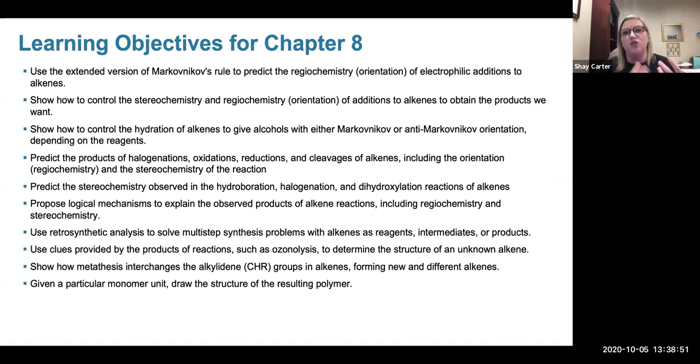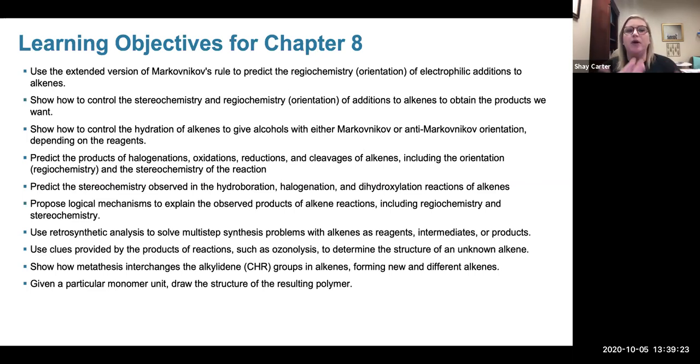Electrophilic addition reactions are the reactions that alkenes tend to undergo, but we're not going to learn these reactions to the depth that we learned SN1 and SN2 reactions. We're going to learn them in a predict the product depth. Okay, so we're going to learn very wide but not very deep with these reactions. We need to learn a lot of different reactions and be able to predict the products of these reactions.